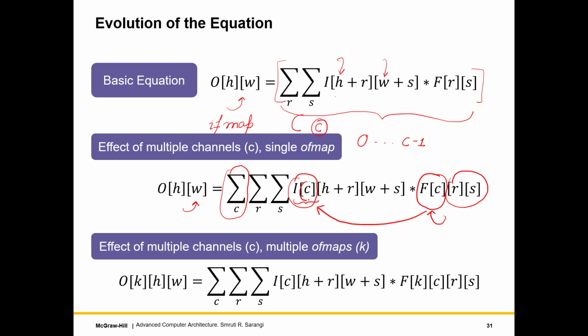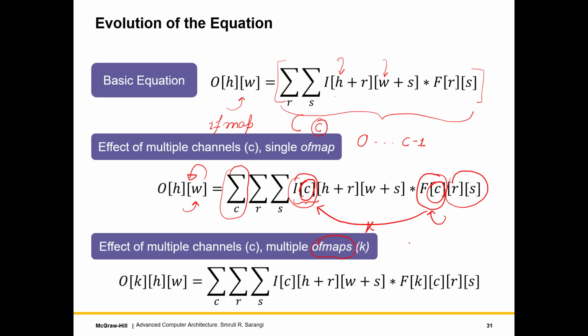So if you see this equation, the new parts are this and this, which basically is saying that we are specializing the convolution for the cth input feature map and its corresponding kernel. So we do this for all the input feature maps and we add and we get the value of a single output feature map. Now let's say we have multiple output feature maps or OF maps.